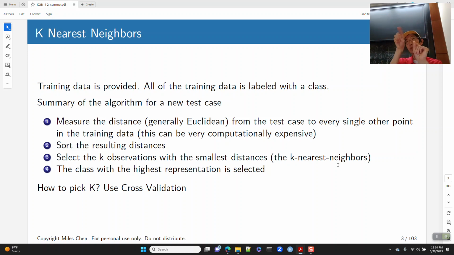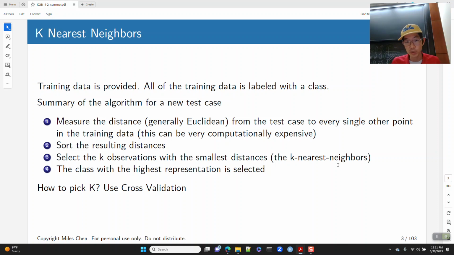And from there, we get distances to all of the points, and we say, okay, these are the 3 points that are the closest, or the 5 points that have the smallest distance. We're going to say the ones that have the smallest distance are the ones that are most similar. And so, yeah, we get distances to every single training point. We sort those, and the ones with the smallest distances, those are the nearest neighbors.